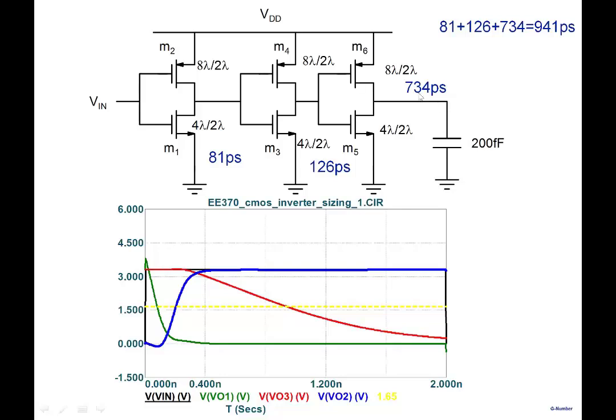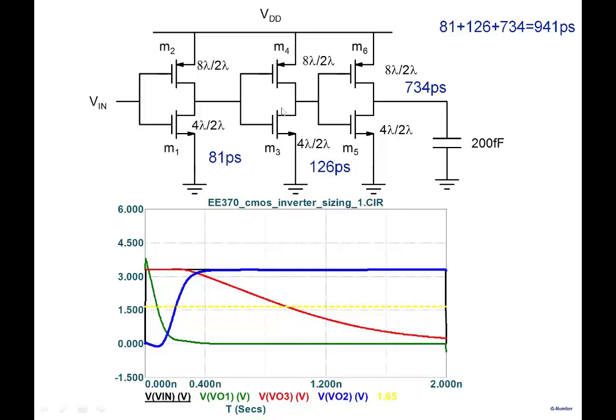We'll not go into the exact value, but we expect it to be much higher here. As I've been saying, the capacitive load here, 200 femtofarad, is 10 times higher than the capacitive load here, and you can see 81 picosecond and 734, roughly 10 times higher delay here. So this is the situation.